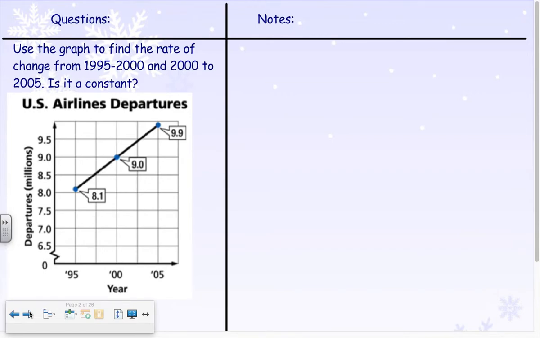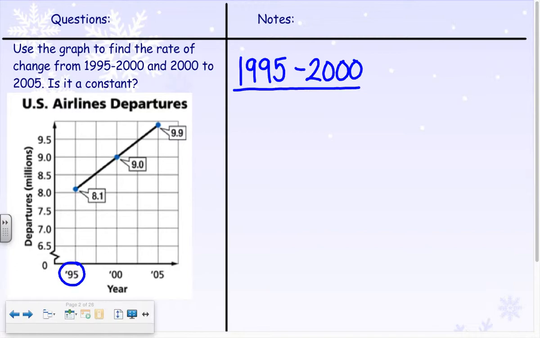All right, so use the graph to find the rate of change from 1995 to 2000 and 2000 to 2005. Is it a constant? So first we're going to figure out the rate of change from 1995 to 2000. 95 to 2000 are on our x-axis, so the two that I circled.